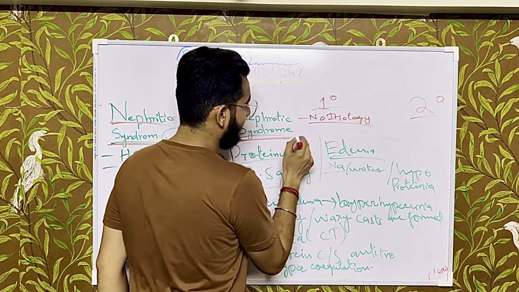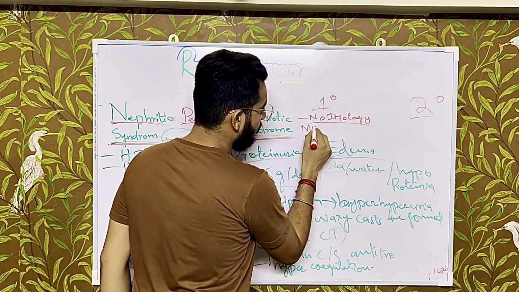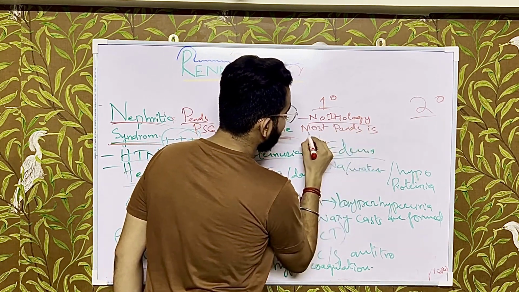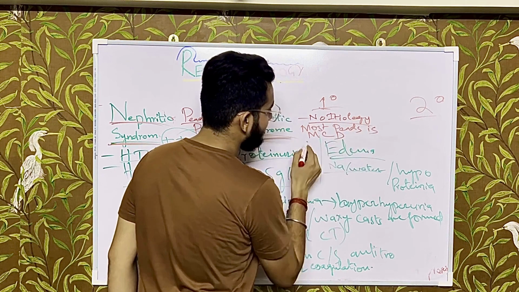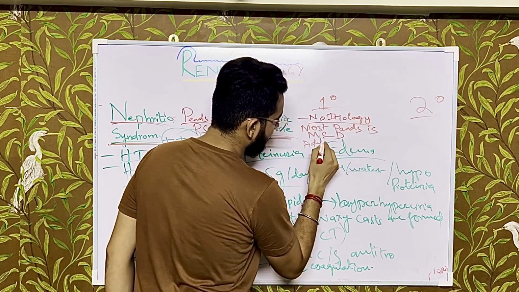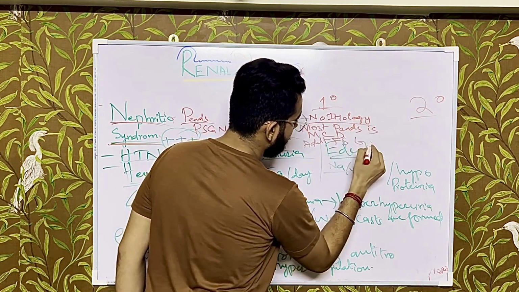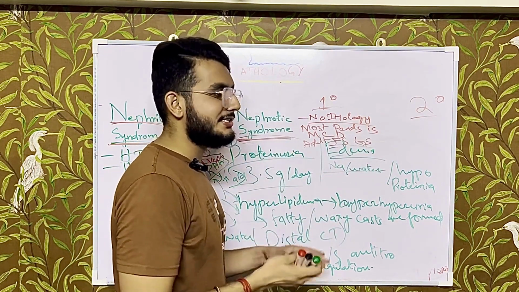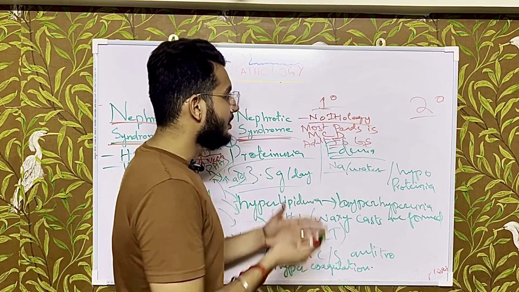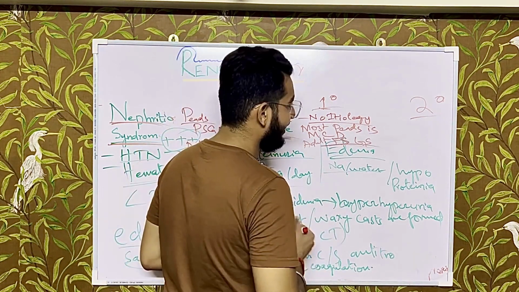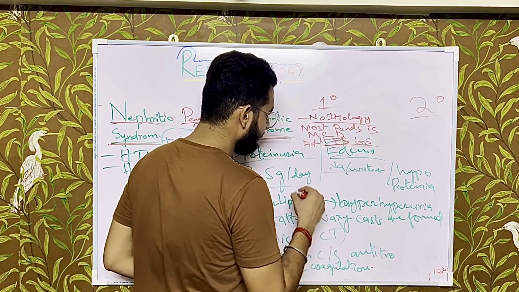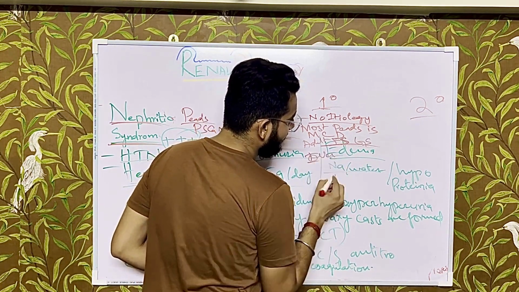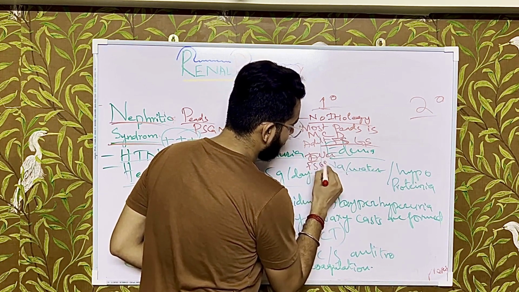The most common of them in pediatrics is minimal change disease, whereas in adults it is FSGS. Don't get bothered by these conditions, we'll discuss every condition in our upcoming sessions. You just write it down and mug it up. So in adults it is FSGS, and overall it is also FSGS.